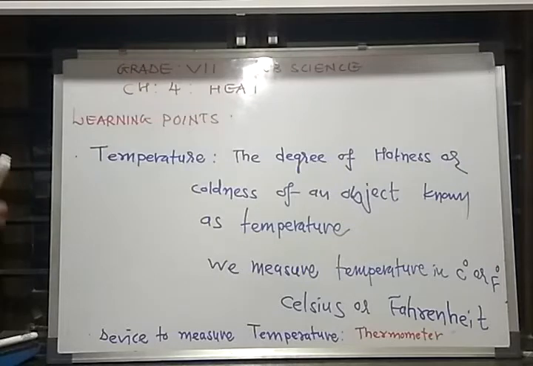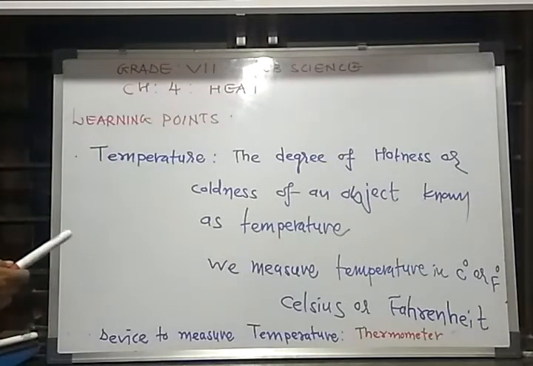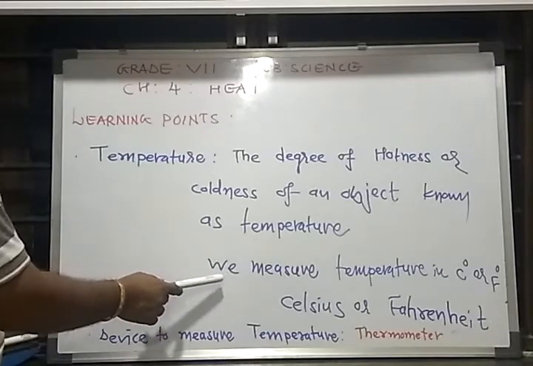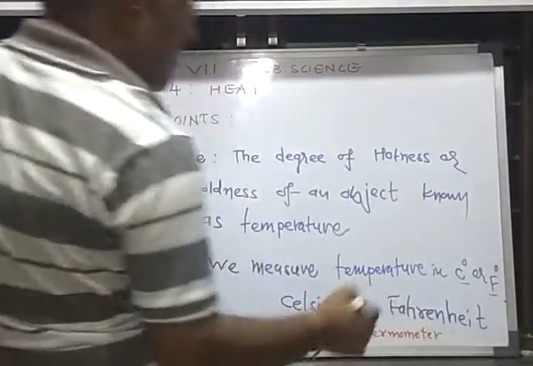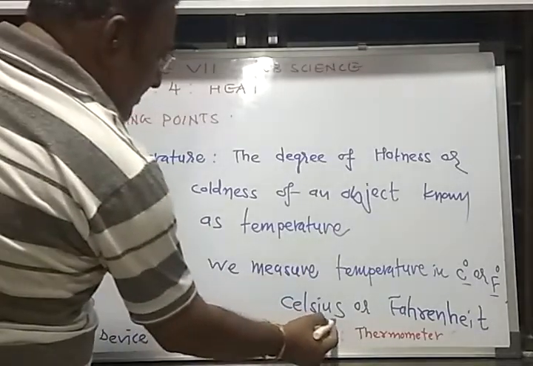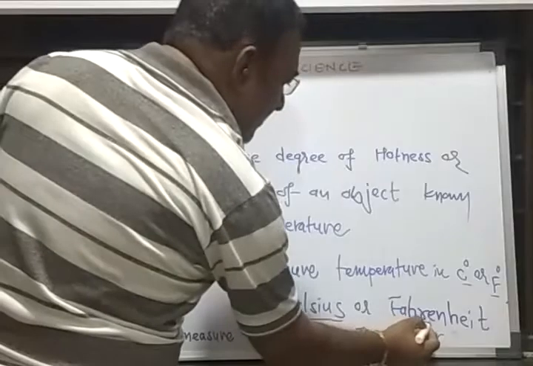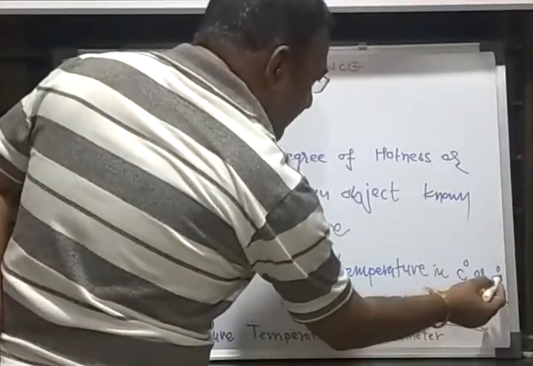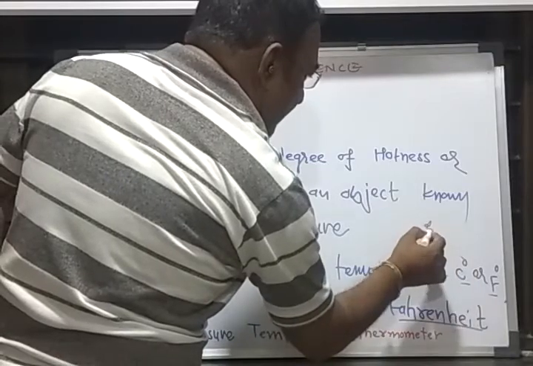How much hotness is there, how much coldness is there, that we measure either in degree Celsius or degree Fahrenheit. So the unit of temperature is measured in Celsius or Fahrenheit. This is called degree.